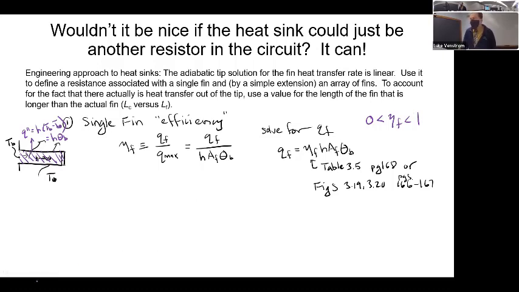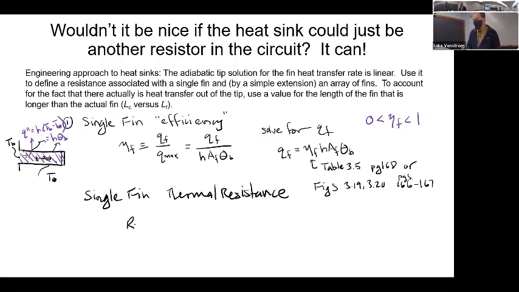All right, so we combine that single fin efficiency with the single fin thermal resistance. This single fin thermal resistance is the thing that's going to be, in the end, more useful to us. We basically say, okay, we want the thermal resistance associated with a single fin. How can we get it? By definition, we want this to be a delta T, the potential for heat transfer, relative to the actual heat transfer.